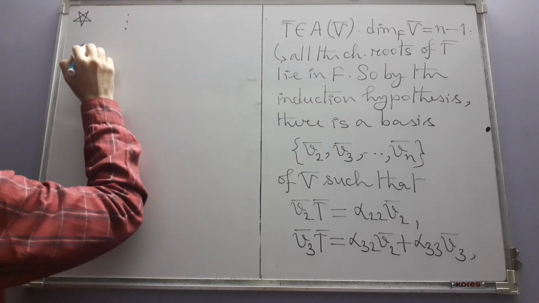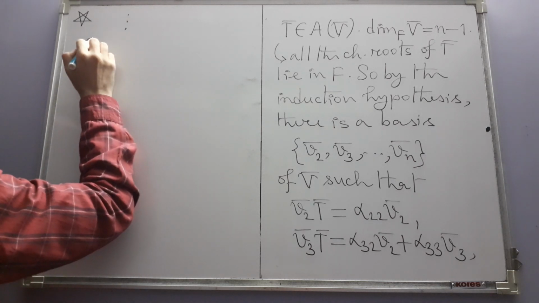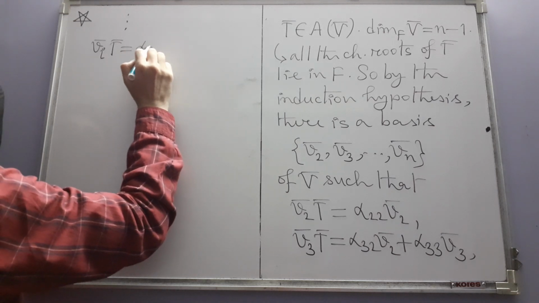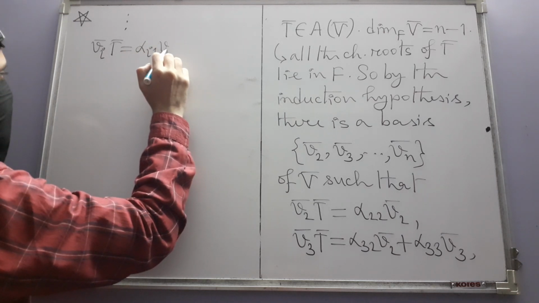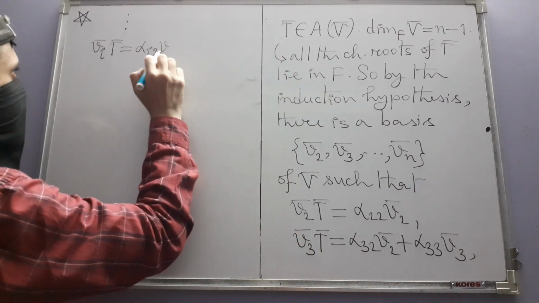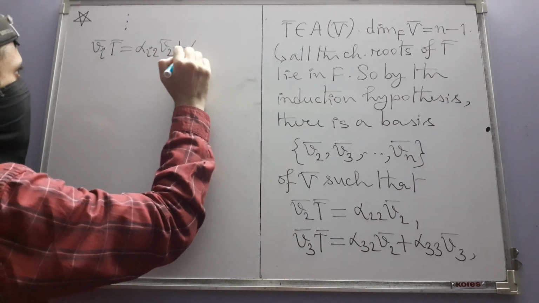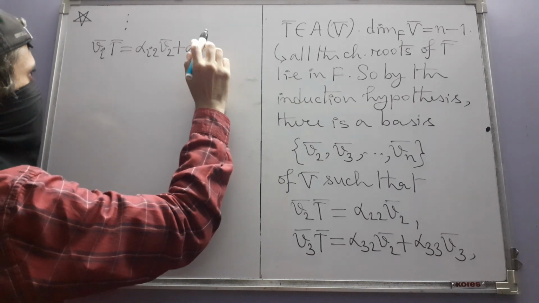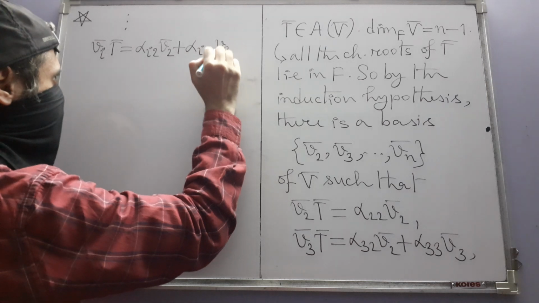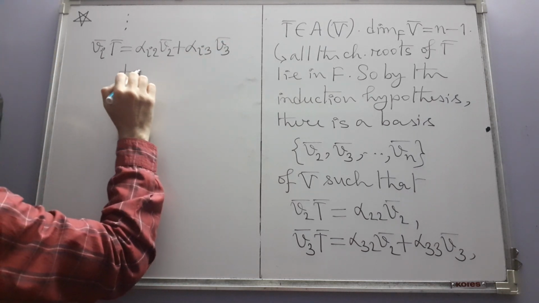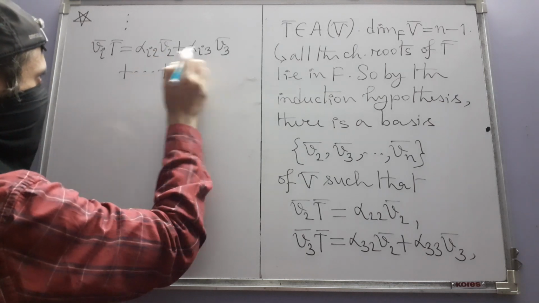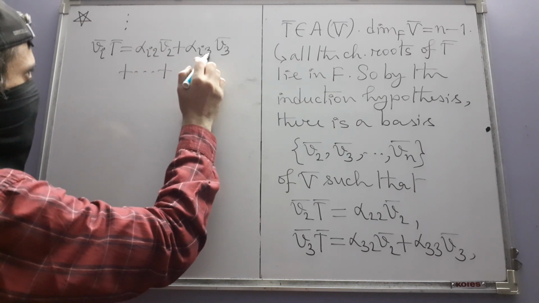And continuing like this, the general equation will look like this: alpha i2 V2 bar plus alpha i3 V3 bar and so on plus alpha ii Vi bar. See, I cannot change habits so easily. We are used to writing like that, no? So naturally, after writing something here, 2 comes.